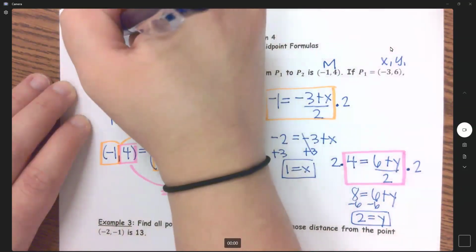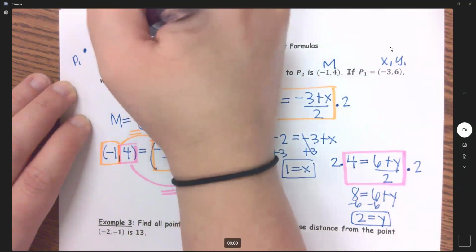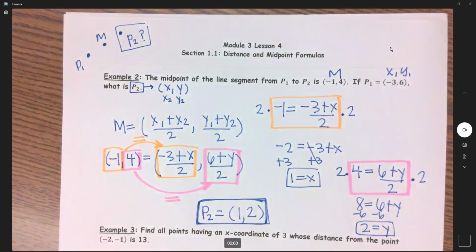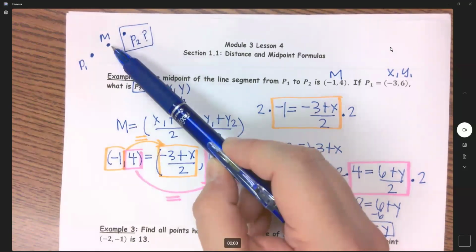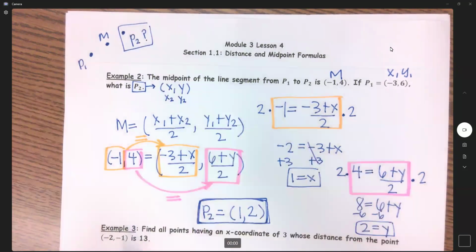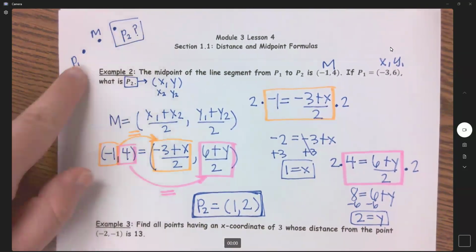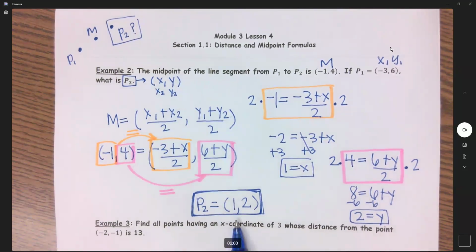What I didn't know was the other half of that. So I now have those two endpoints with the middle, but I was given the middle and one endpoint trying to find that other one there. So sorry I didn't explain that before we solved it, but we now have our point 2.